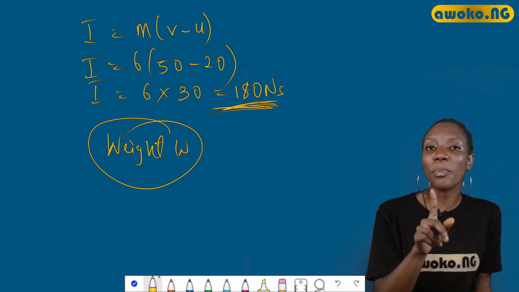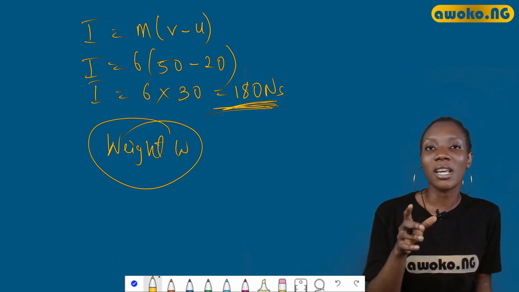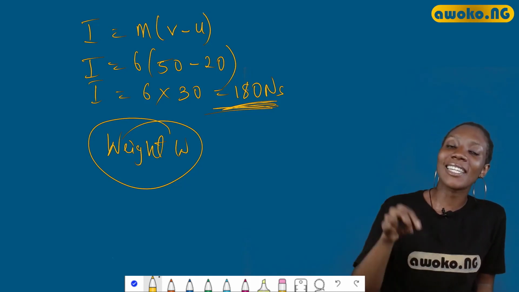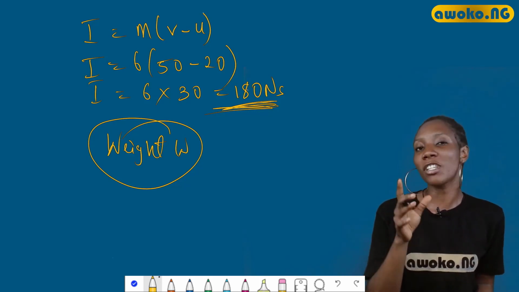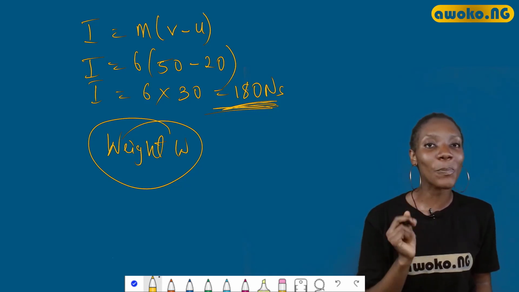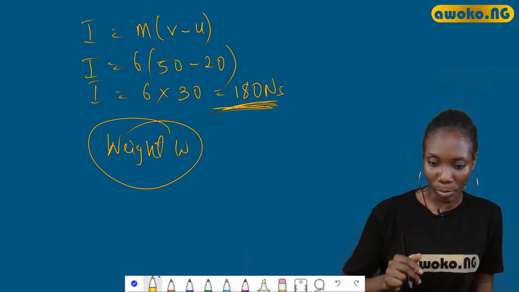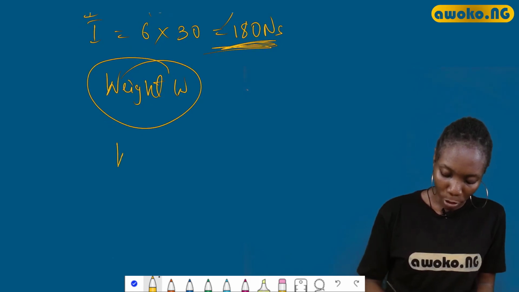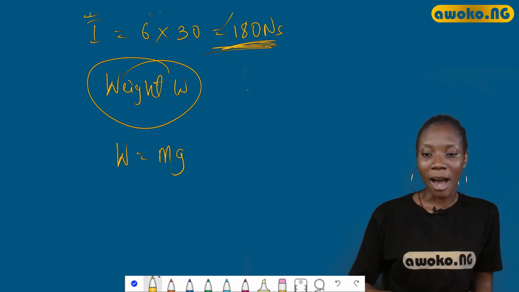For such a body released in space near the surface of the Earth, it has a nearly constant acceleration, g, that is directed downwards. And so the force of gravitational attraction on a body of mass m, which we refer to as the weight W, becomes W, which is the weight, equal to mg. So that is how this formula came about.